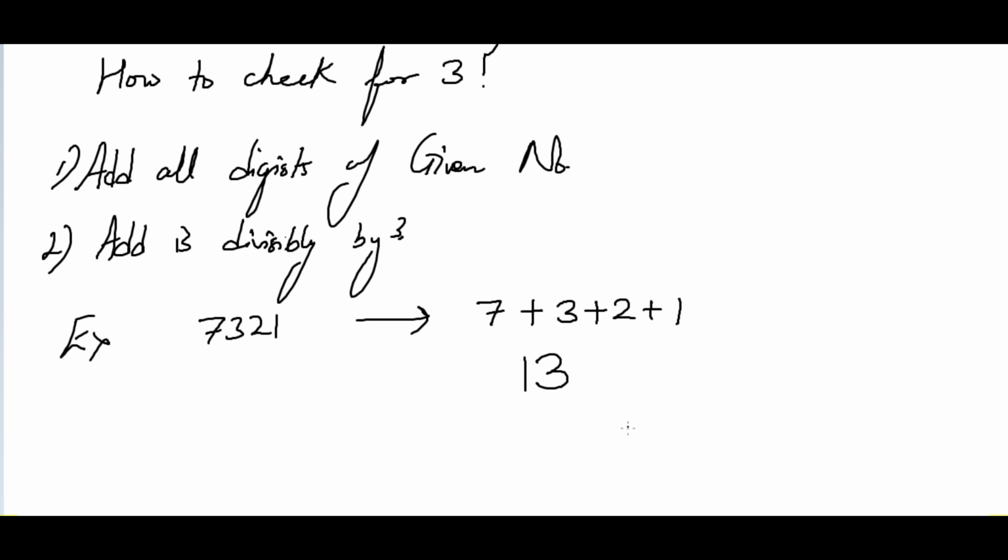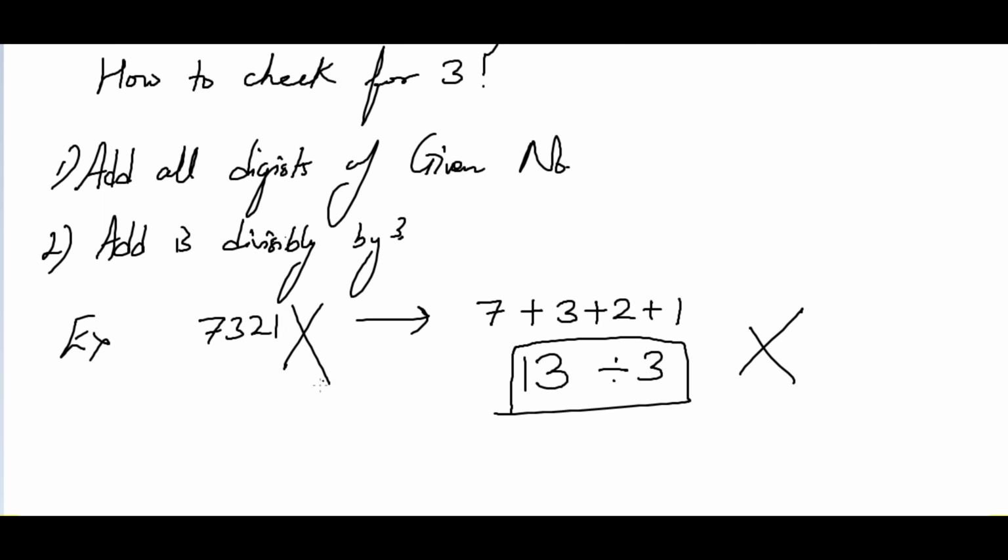So we got 13, and now we have to check whether this sum is divisible by 3 or not. We can easily find out that 3 fours are 12, but 13 is not a multiple of 3, hence this number is not divisible. So 7321 is not divisible by 3. That's how we can find this out very easily, right?